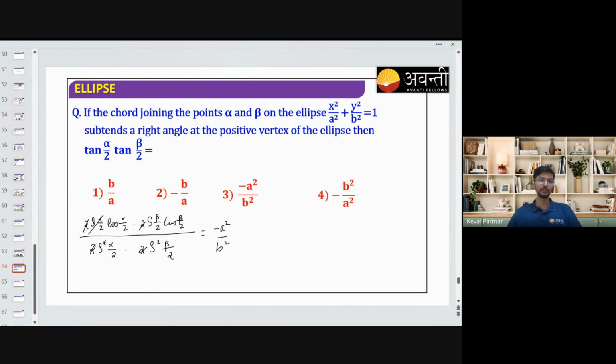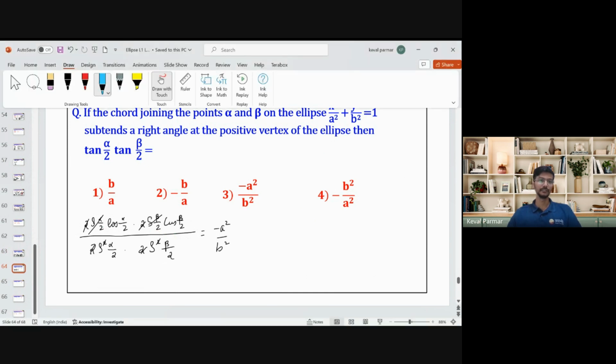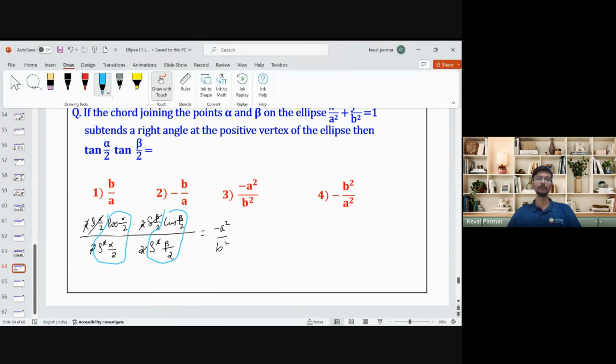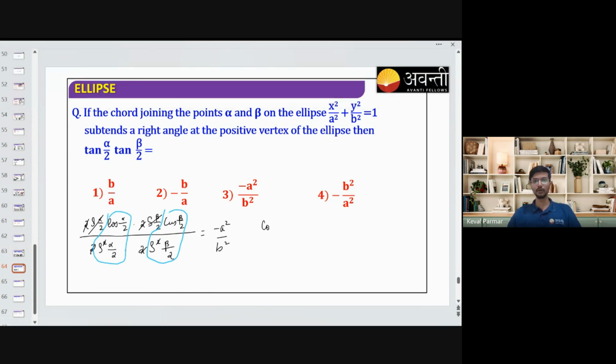One sine alpha by 2 and one sine beta by 2 will get cancelled. What we are left with is cos alpha by 2 upon sin alpha by 2, cos beta by 2 upon sin beta by 2. This is basically cot alpha by 2 into cot beta by 2, which equals minus A square upon B square. We want tan, so we just take the reciprocal. So tan alpha by 2 into tan beta by 2 will be minus B square upon A square, which is option 4.